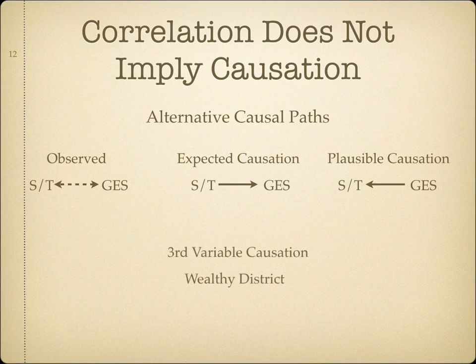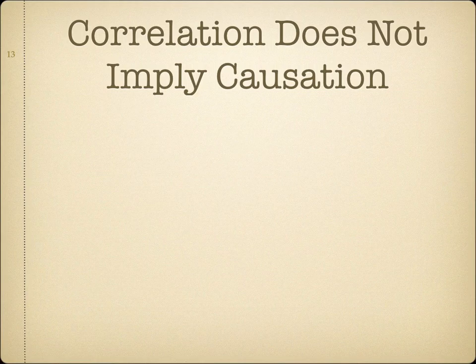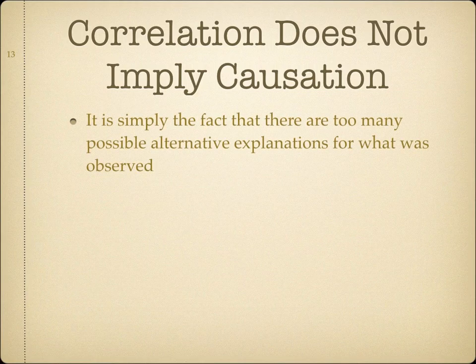A third variable causation could be simply there's a wealthy district where people are able to spend more money, therefore reducing student to teacher ratios and yielding greater grade equivalent scores. So we cannot make any kind of causation statement from simply finding a relationship, an association, a correlation. It's simple fact that there's too many possible alternative explanations for what we've observed.